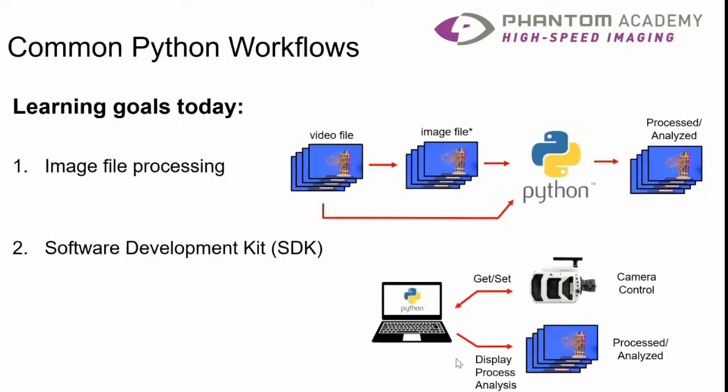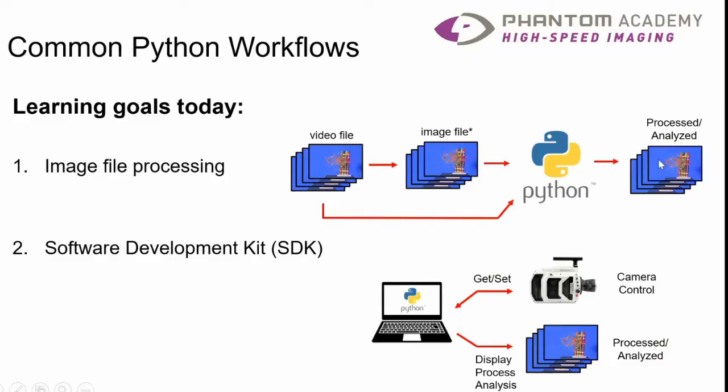So on a very high level, the two common Python workflows that we mostly see people inquire about are the following. Folks like to either take their video or image files and directly put them into Python, and then they'll do some sort of analysis on that. That's very common to see.